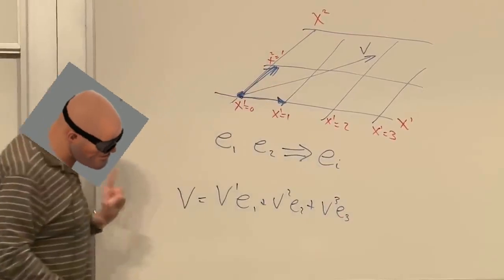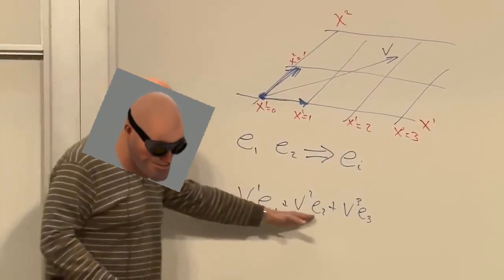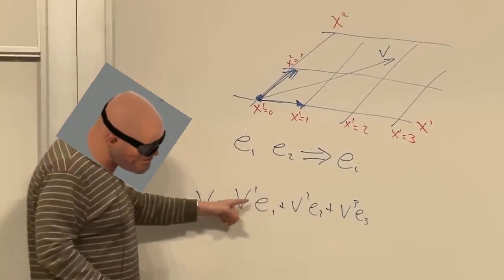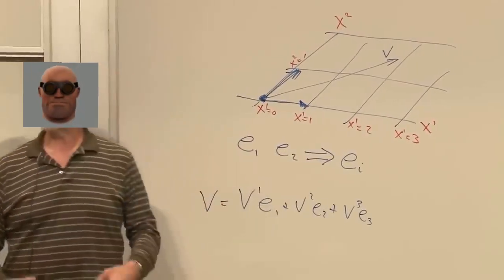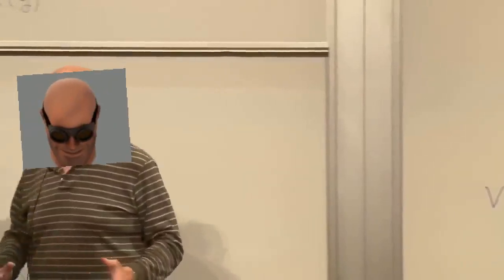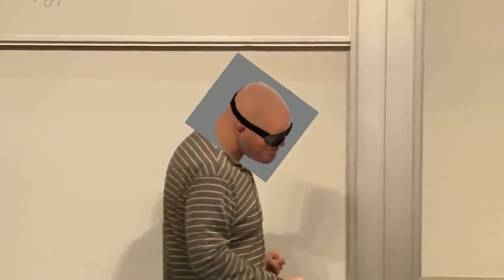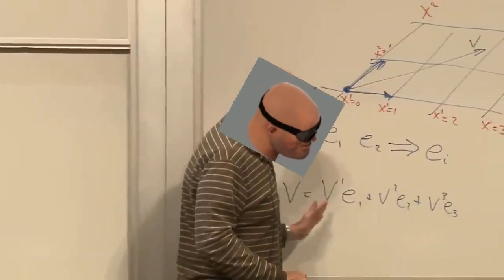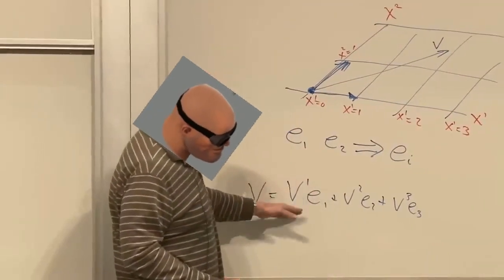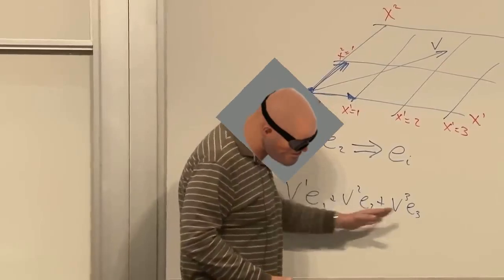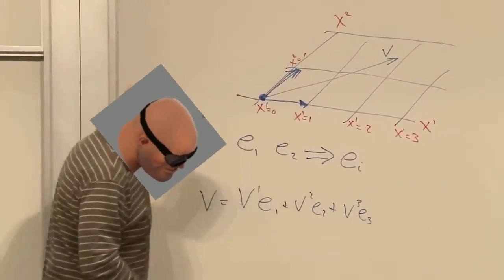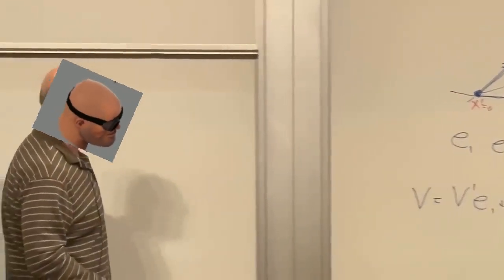Now, the things which are vectors in this formula are the E's. The V's are actually numbers, but they are components of the vector. They're components of V, and they tell you how much of each kind of one of these vectors are present in the sum. V1 E1 plus V2 E2 plus V3 E3, and so forth.